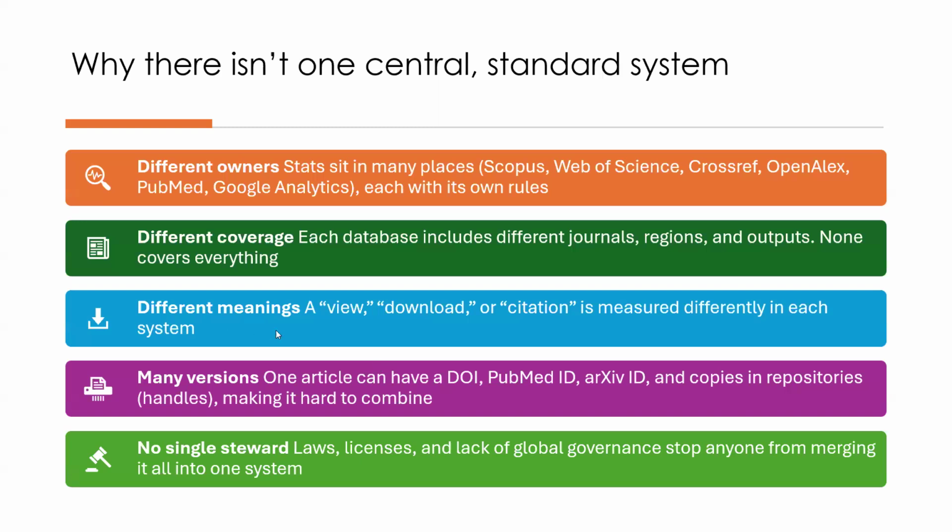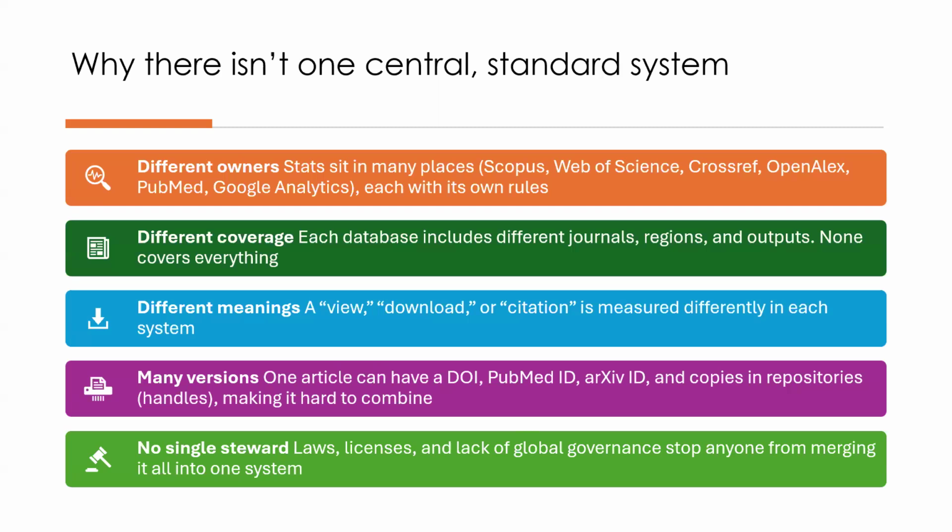Then different systems or different platforms have different meanings for a view or a download or a citation, and they measure it differently in each system. And different IDs are allocated to articles according to the systems.